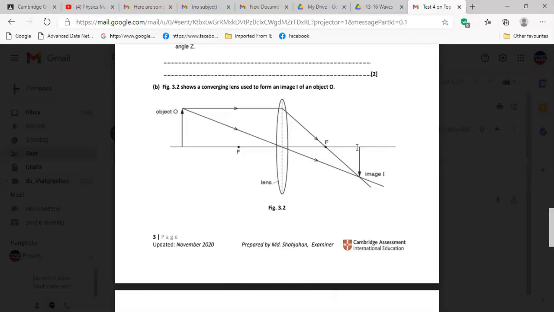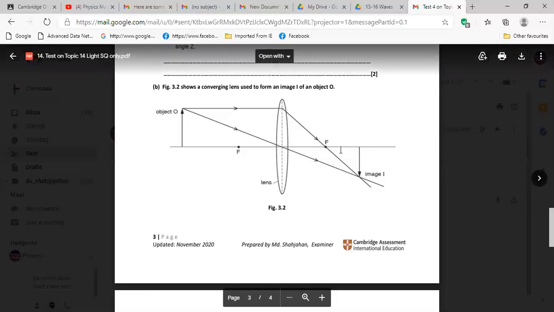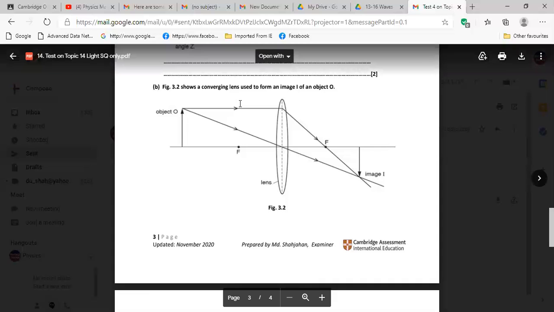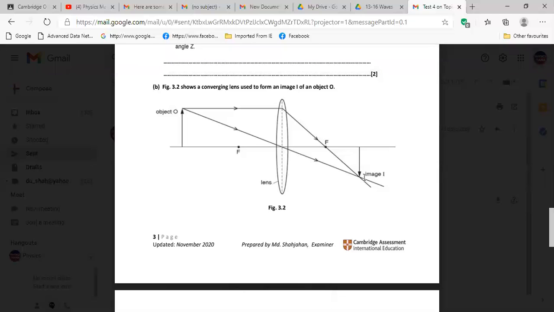Then we see the image is inverted, right? It's vertically inverted, isn't it? Yes, sir. Because it is upside down. You see, the head is downwards. That's why we say inverted, vertically inverted.